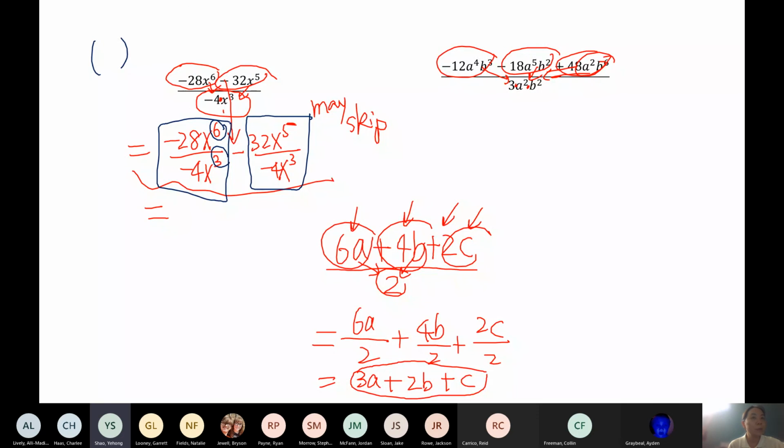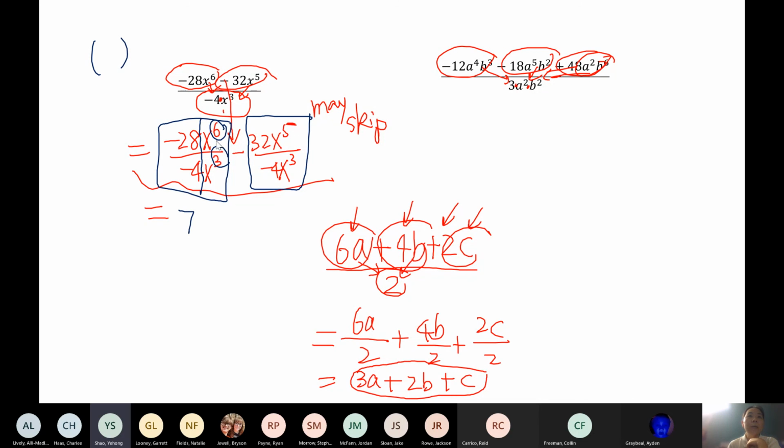You don't know how to do this one? Let me ask you then. When you do division, this is something we did on the first exam. So you will just divide them separately. What is negative 28 divided by negative 4? 6. Wait, 4 goes into 28 how many times? Oh, 7.